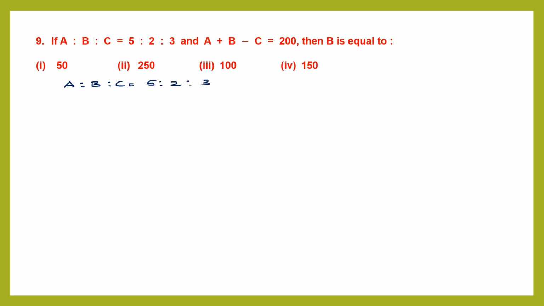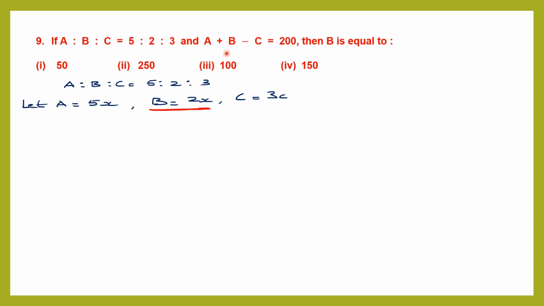Let A be equal to the first part of the ratio, that is 5x, B is equal to 2x and C is equal to 3x. Now in the question we are asked to find only B.